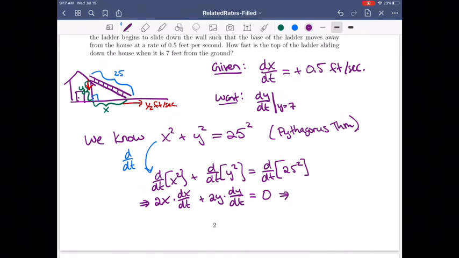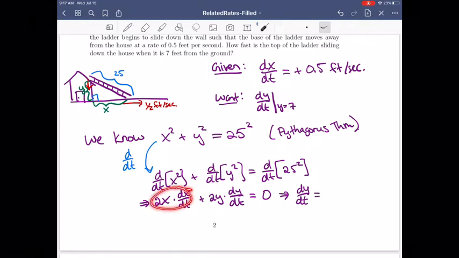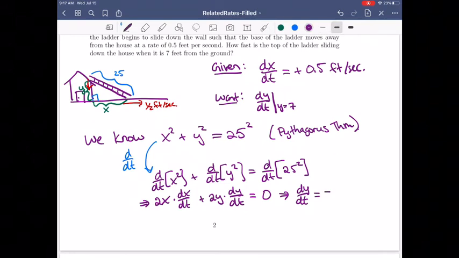So if I solve for dy/dt, I move this over, so it's going to be a negative, and then divide by 2y, so the 2's cancel out. I'm going to have negative x times dx/dt over y.